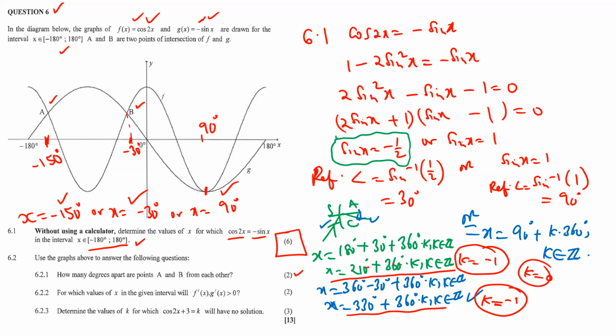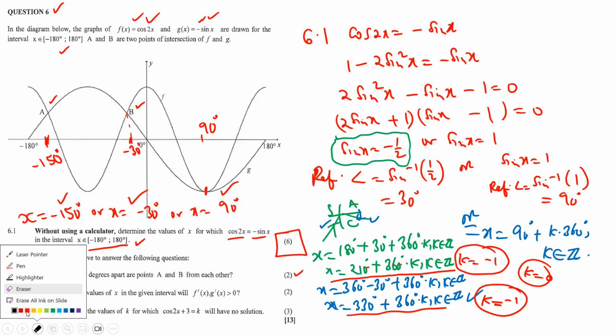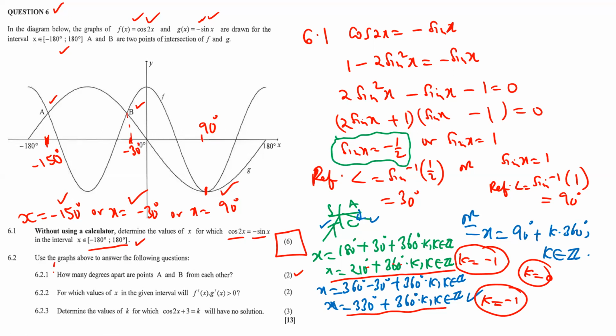Right, so to do that one, we'll find AB. So that's going to be how many degrees apart?